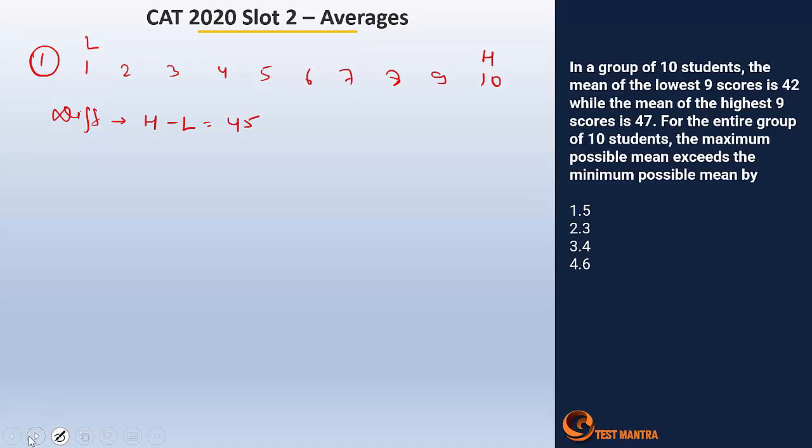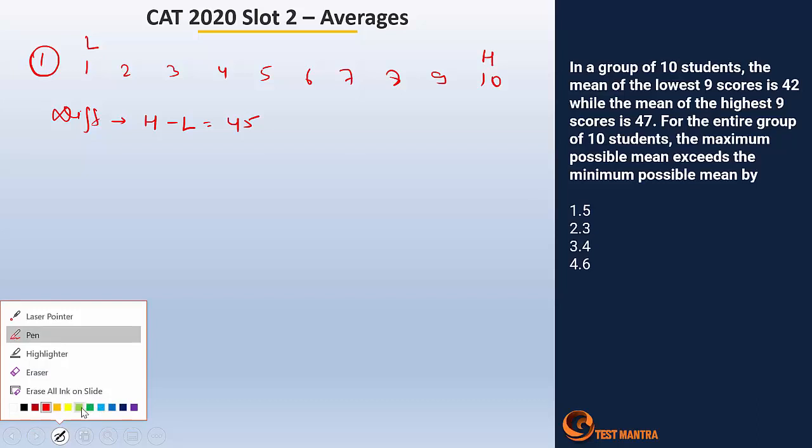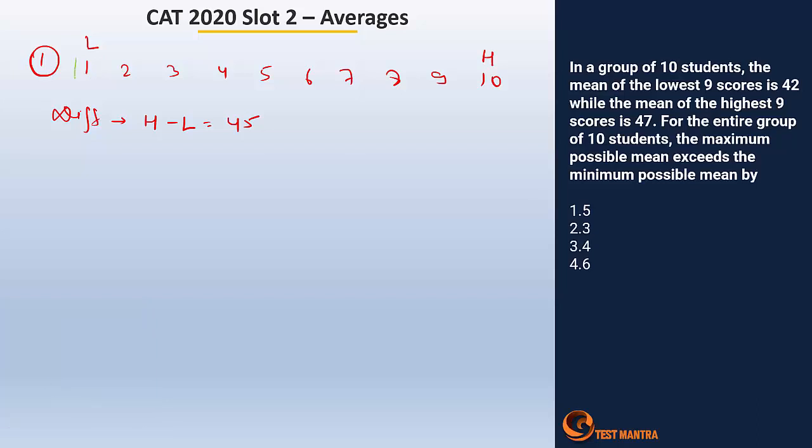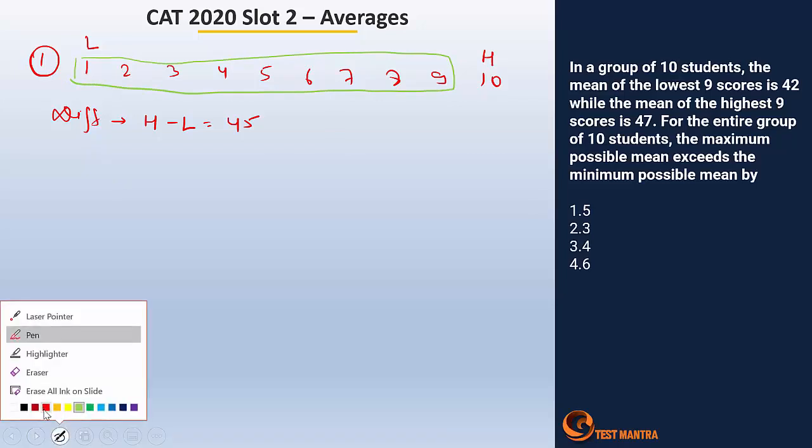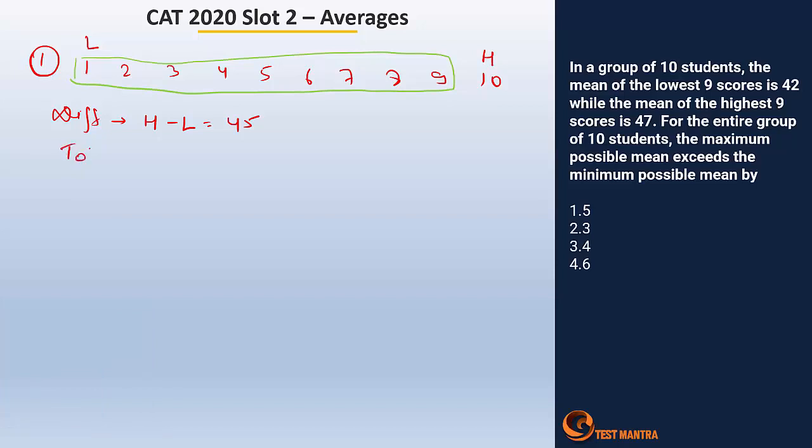Right, so here my condition is, if I will take, suppose these 9 people, right, so the average in this case is nothing but 42. So the total for these 9 people will be nothing but 42 into 9, or else let's calculate this one. 378.